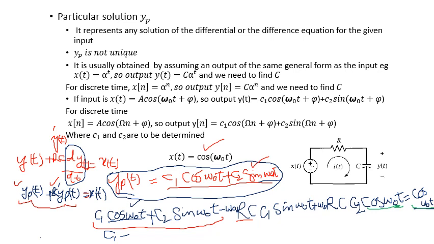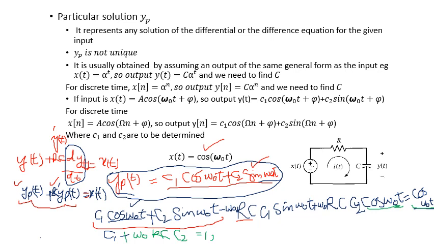So that means c1, and this one is plus omega naught RC c2, and this is equal to the coefficient of cos omega naught t on the right side, so it is equal to 1.